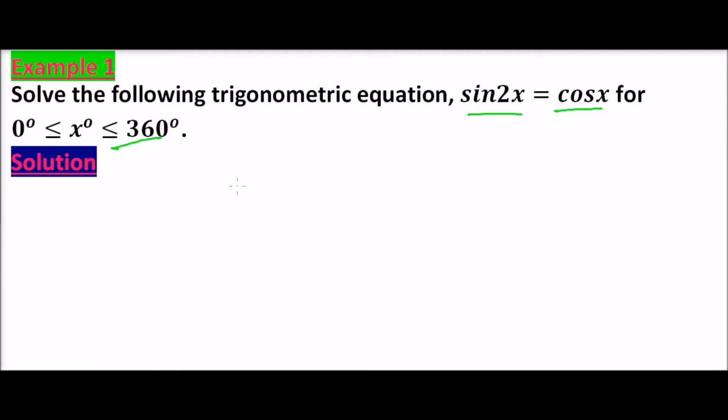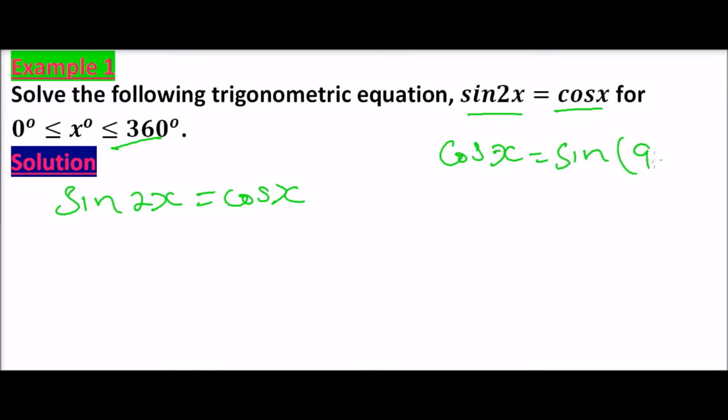To be able to solve this, we are given that sine 2x is equal to cos x, but we know that cos x can be written as the sine of 90 degrees minus x.